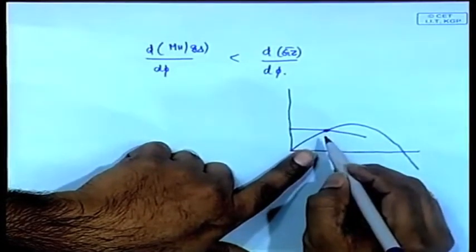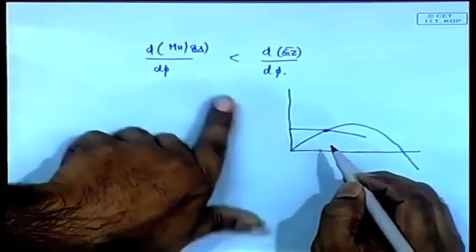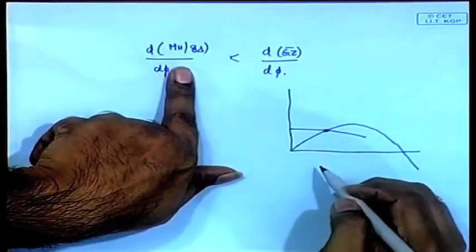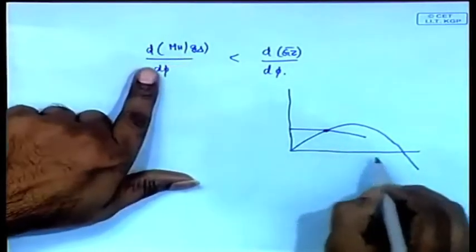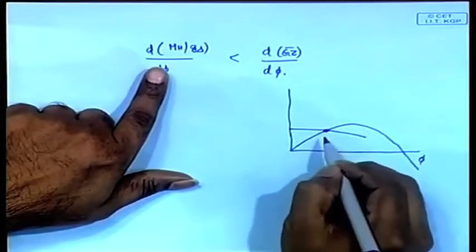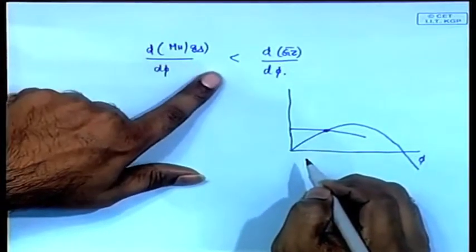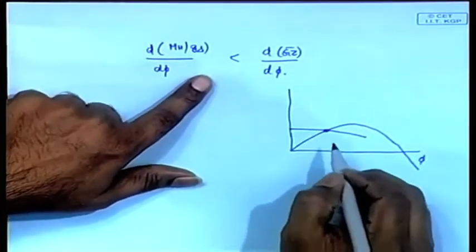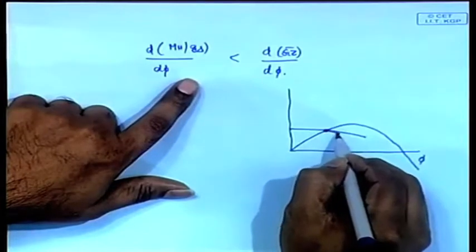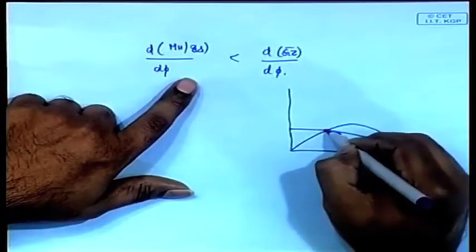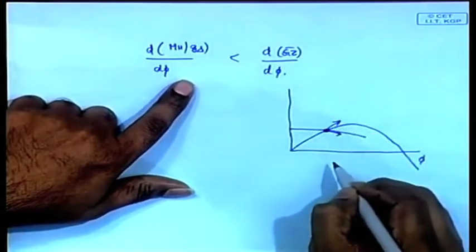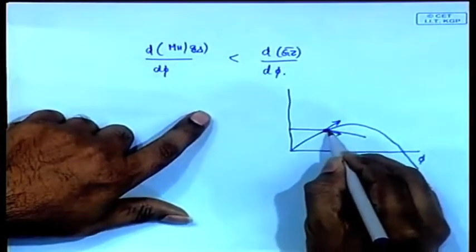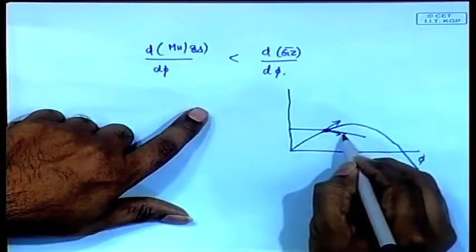Then our next condition, what does this mean? It means that the slope, this is the phi and this is the moment, so the slope of this should be less than the slope of this. If the slope of this is smaller than the slope of this, it means this goes up and this is coming down.